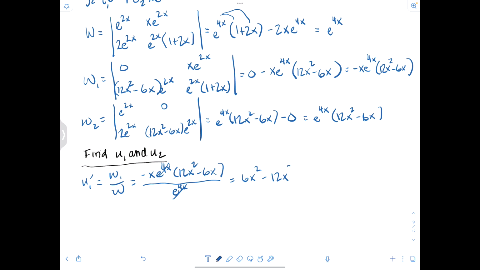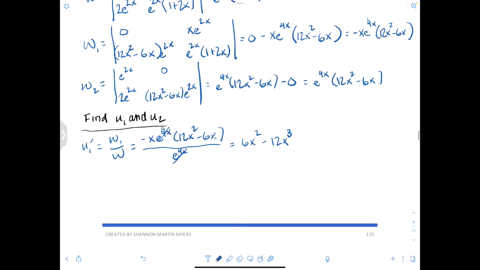I multiplied the x in through there and flipped the signs. And that one, fortunately, is nice and easy to integrate. Let's actually go ahead and do that now. So we'll have du1 equal to quantity 6x squared minus 12x cubed dx.